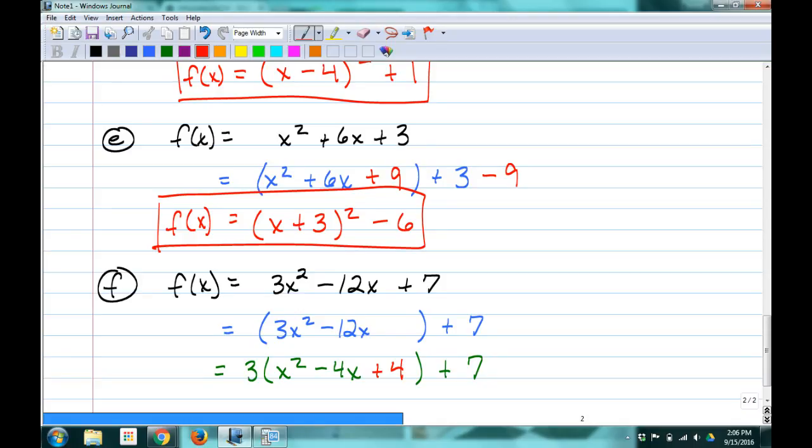So we've got to subtract 3 times 4. I'm writing it like that instead of 12 just so I can show this is where it's coming from. Whatever's out in front times whatever we added, we've got to subtract that amount out there.